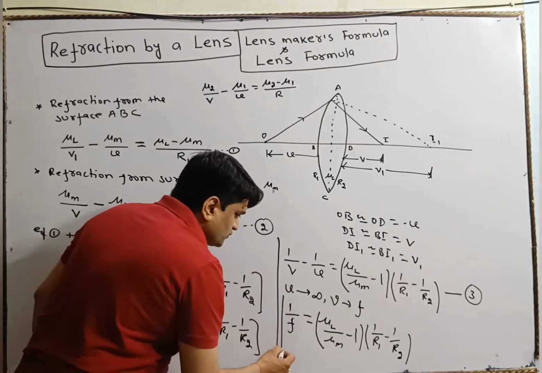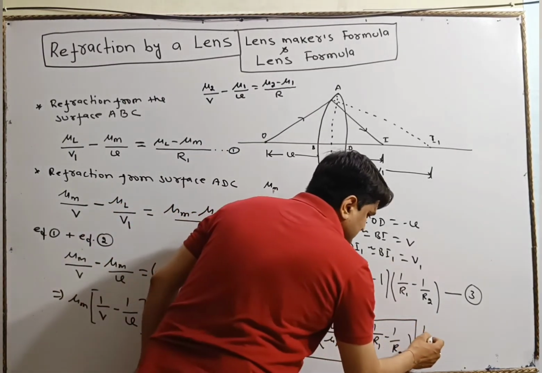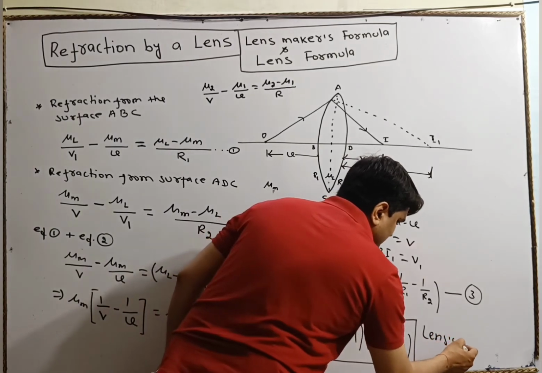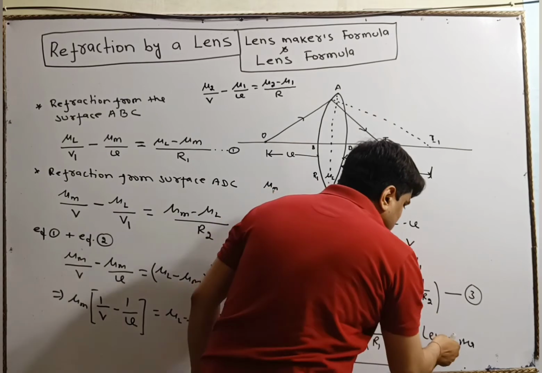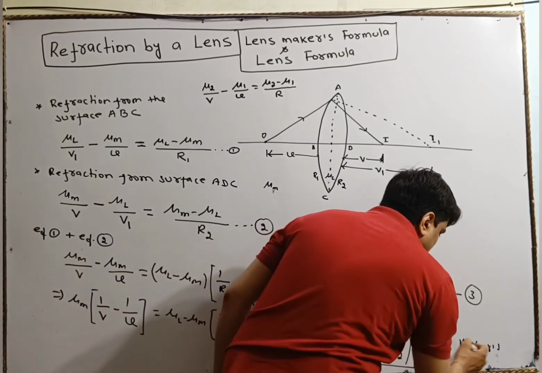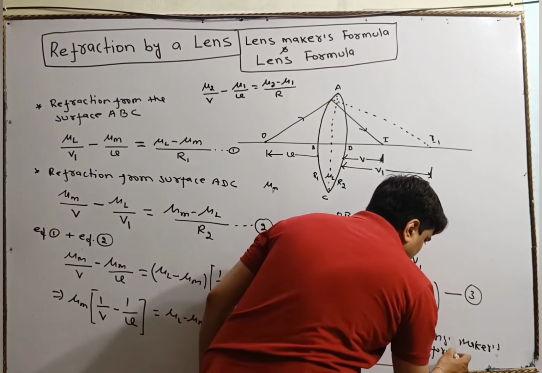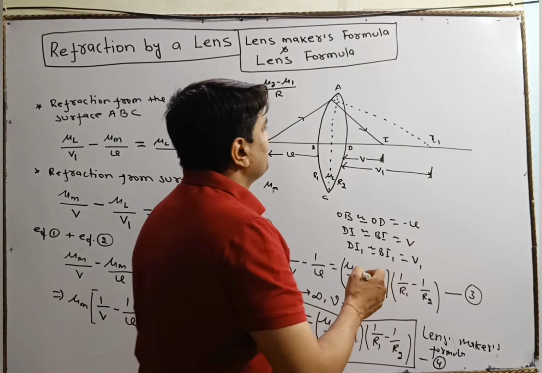This equation is known as the Lens maker's formula. Name it as equation number 4.